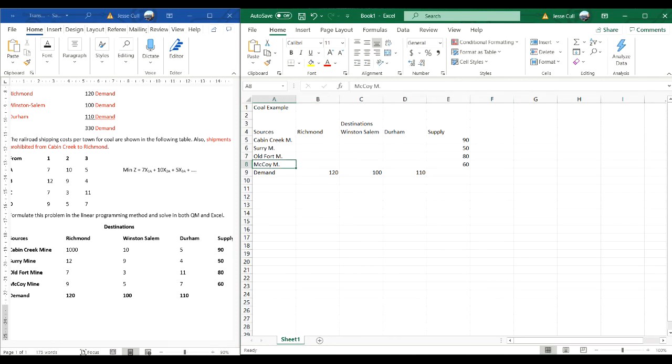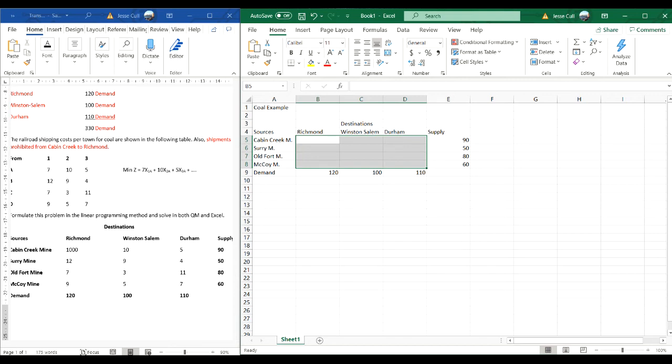So this information has been given to us. This we're going to leave empty because these represent our decision variables. This is what the computer runs permutations of in order to determine what our optimal solutions will be. So we're going to leave them empty for now.